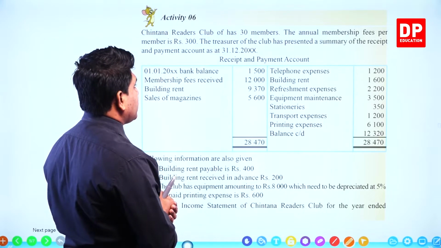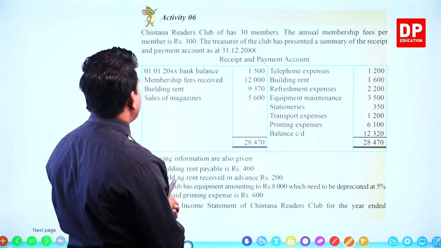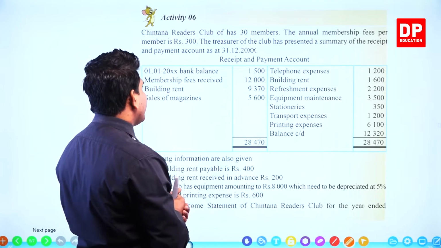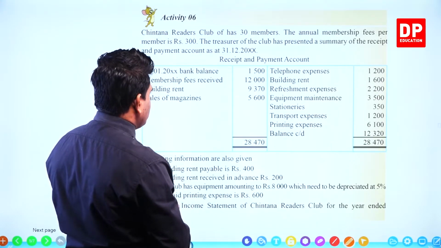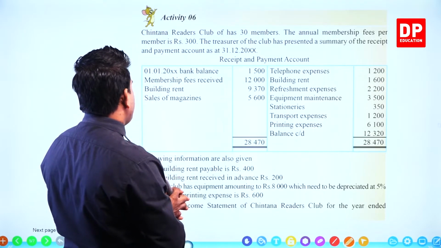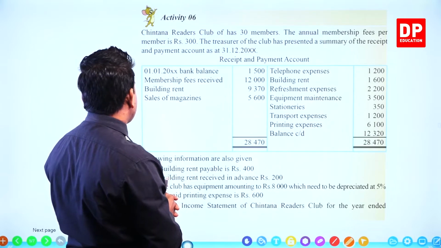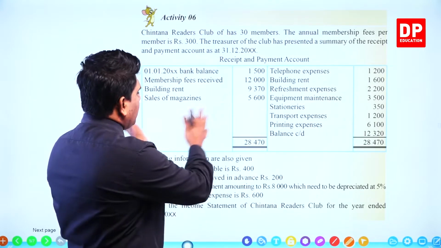The treasurer of the club has presented a summary of receipts and payments account as at 31st December. Bank balance 1,500, membership fees received 12,000, building rent 9,370, sales of magazines 5,600. These are the money received.